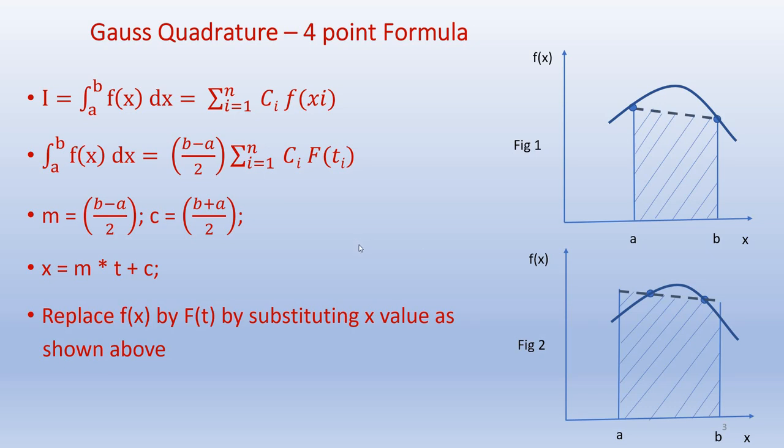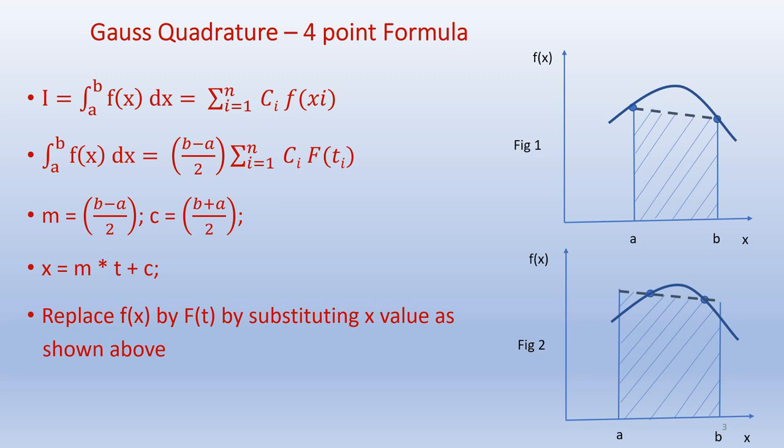Looking at the Gauss Quadrature formula, we have I equals integral a to b f of x dx, which is equal to sigma i equals 1 to n c_i f of x_i. And integral a to b f of x dx equals (b minus a) over 2 times sigma i equals 1 to n c_i uppercase F of t_i.